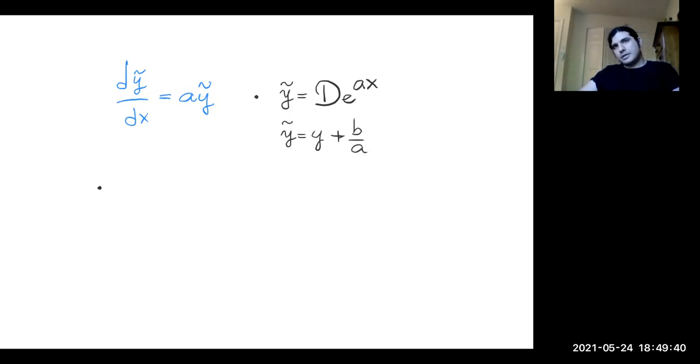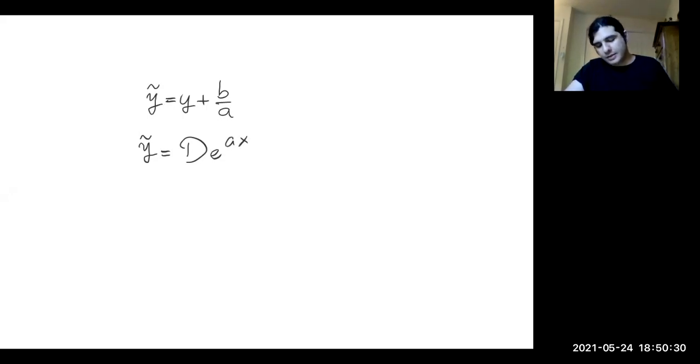I think there is a delay here. Okay, so since y tilde is equal to y plus b over a, and we notice that y tilde is equal to d times e to the ax, if we combine them, we see y plus b over a is equal to d times e to the ax.